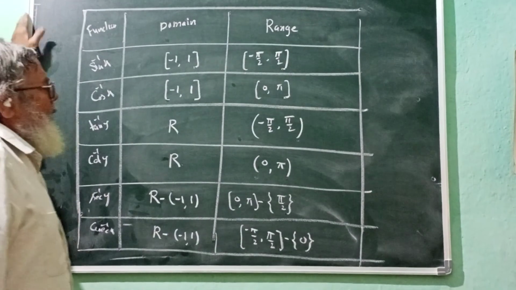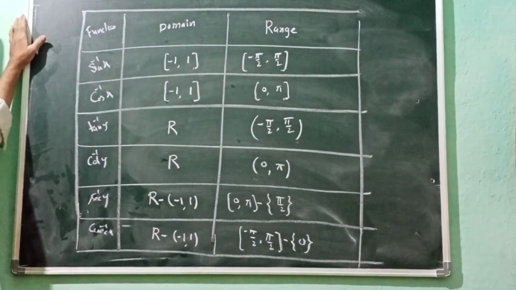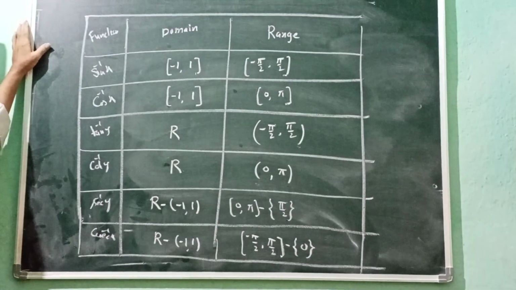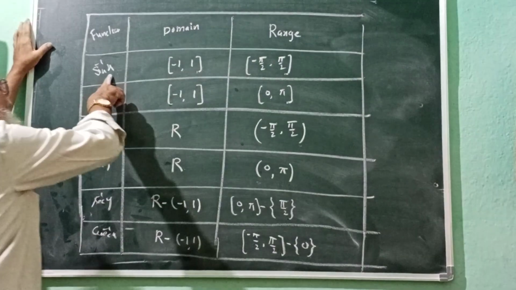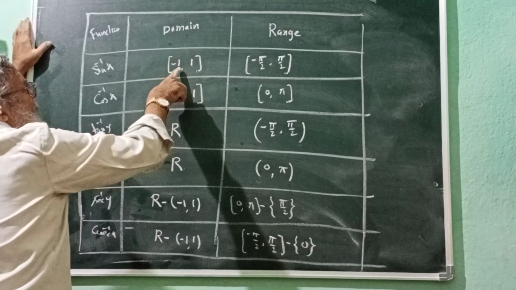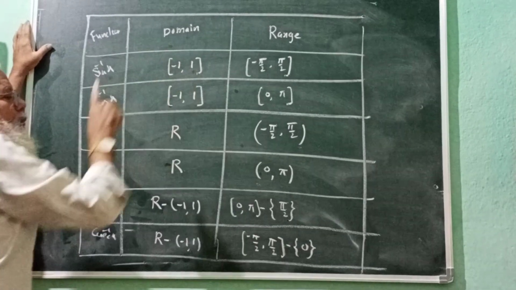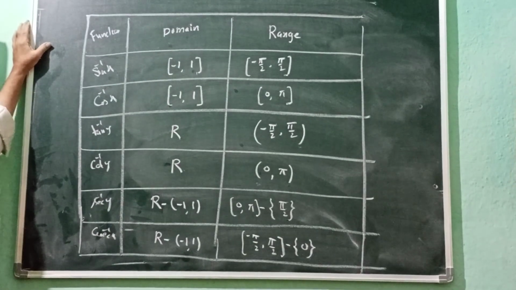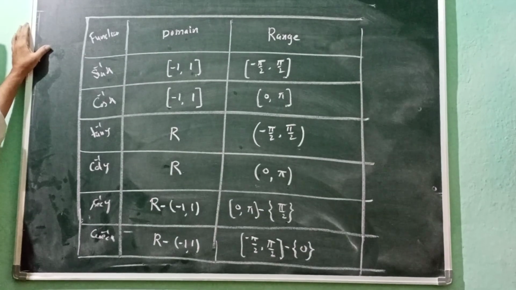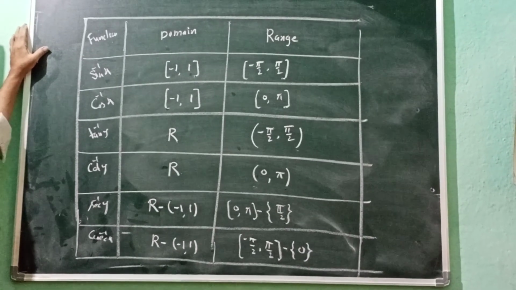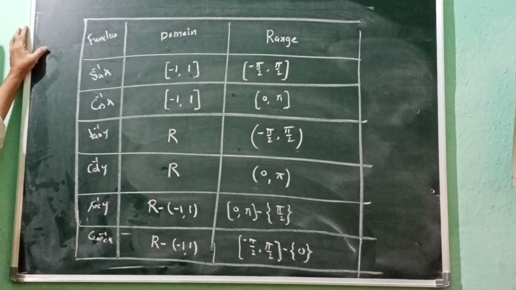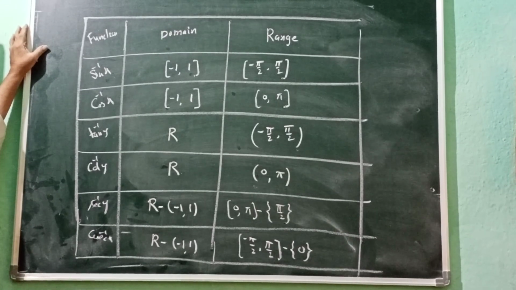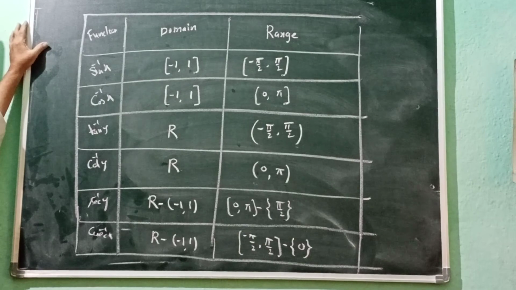Now look here, we have formed a table of domain and range of all the inverse trigonometric functions. Here sine inverse has domain as the closed interval minus 1 to plus 1. We know why we have written the closed interval: it includes all the values between minus 1 and plus 1 as well as the extreme values, that is minus 1 and plus 1 also.